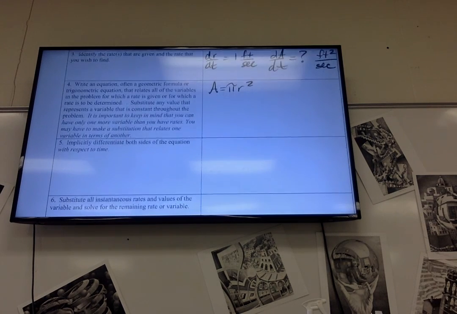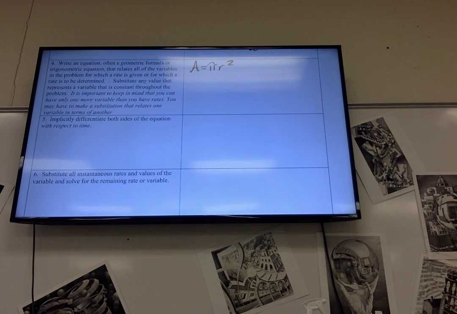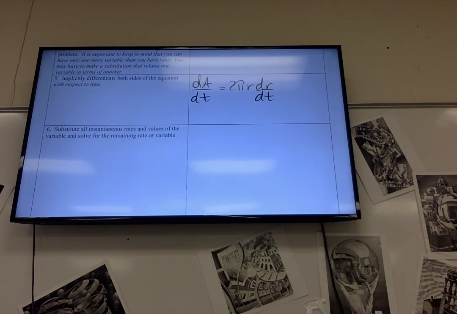Okay, so let's differentiate with respect to time. dA/dt equals 2 pi r dr/dt. We did it. Substituting stuff.